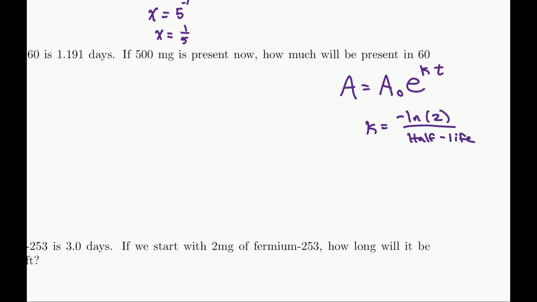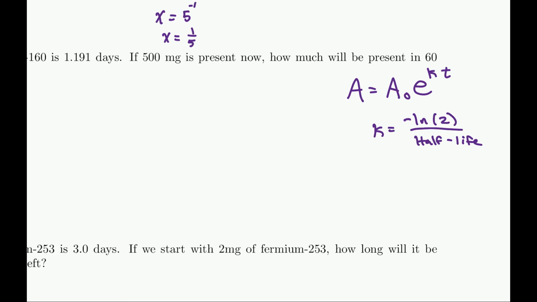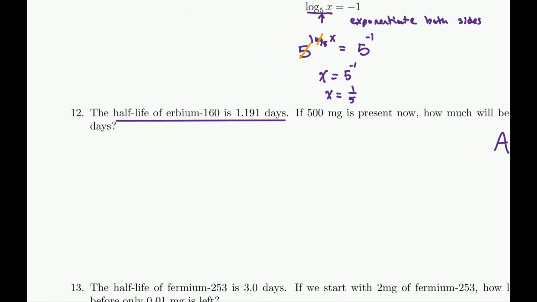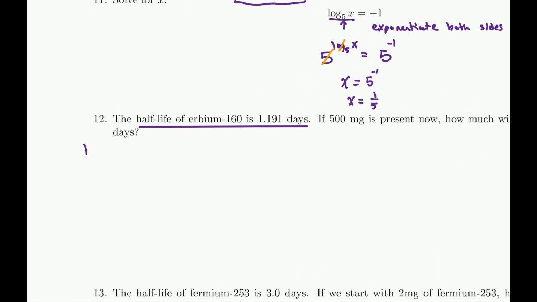That saves you a lot of time, knowing those equations. So when they tell me the half-life of erbium 160 is 1.191 days, I know the k is negative ln 2 over 1.191. That's the k.